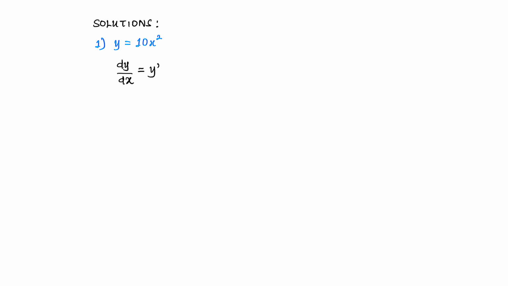So either dy/dx or y prime equals, the index is 2, the power is 2, so we bring the power down, multiply it with the existing coefficient, write the variable back, subtract 1 from the power.